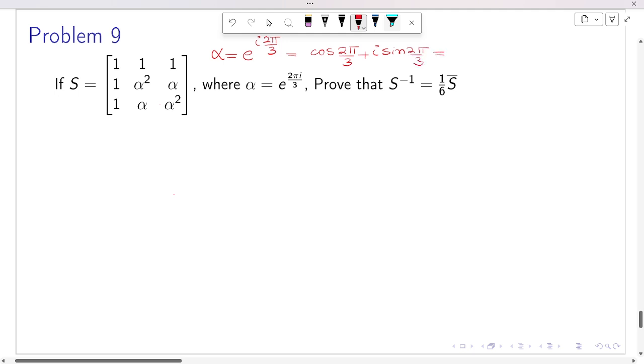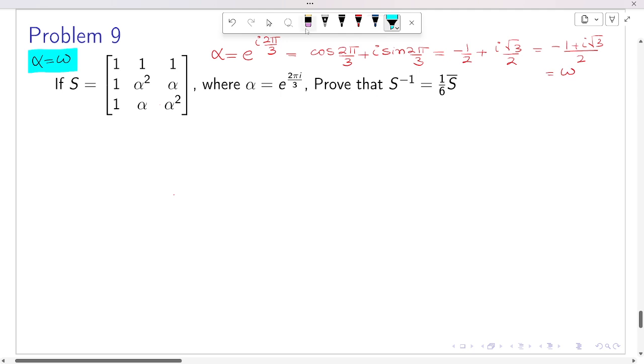Now cos 2 pi by 3 is minus 1 by 2 and sine 2 pi by 3 is root 3 by 2. So this is minus 1 plus iota root 3 by 2, and this term is very familiar, which is omega. So alpha is nothing but just omega. So note it down. Alpha is equal to omega.